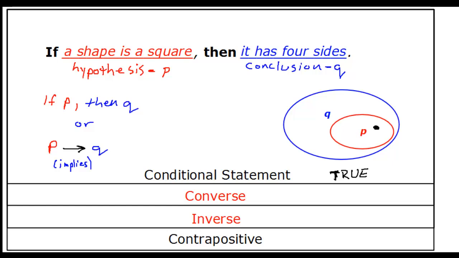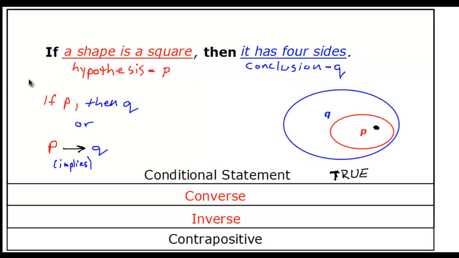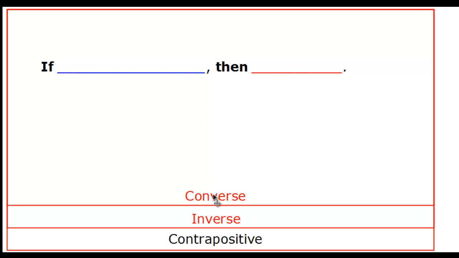Now we're going to flip to the next page. So go ahead, flip your book. And we're going to talk about a converse. Now, a converse is also an if and then statement. But if you'll notice, I have blue and red, or before I had red and blue. So a converse is when you switch the hypothesis and the conclusion.